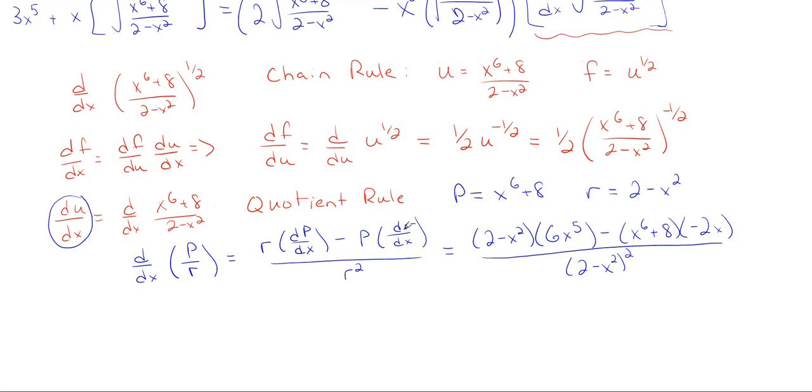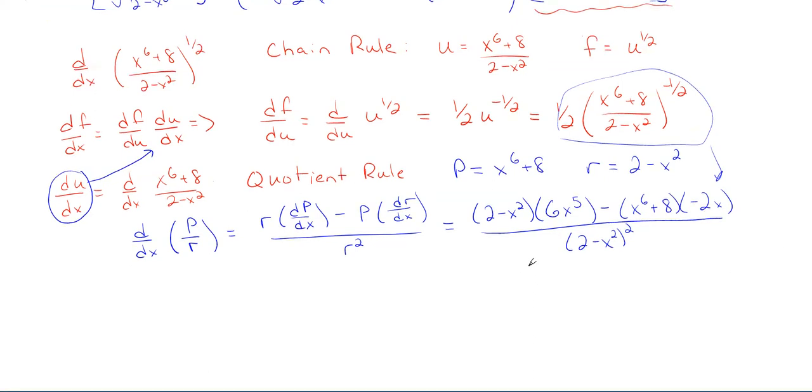So I'm going to have to take this entire thing in blue, plug it in right there, and this portion over here and plug it in for f. So we're going to take this portion, multiply it by that portion there. So let's plug everything back in here together. So we are going to end up with the derivative that we were originally finding. It's going to be 1/2 times x to the 6th plus 8 all over 2 minus x squared to the minus 1/2.